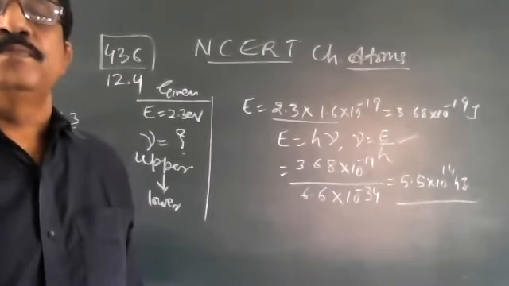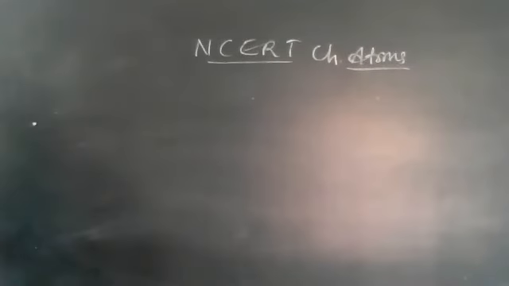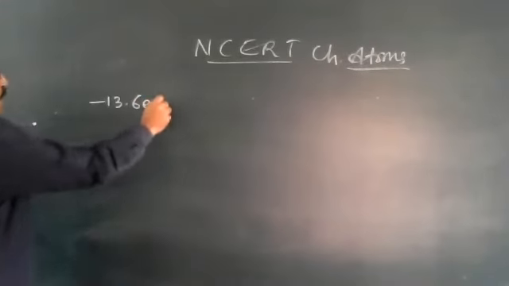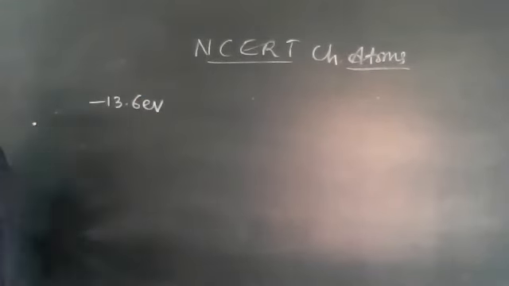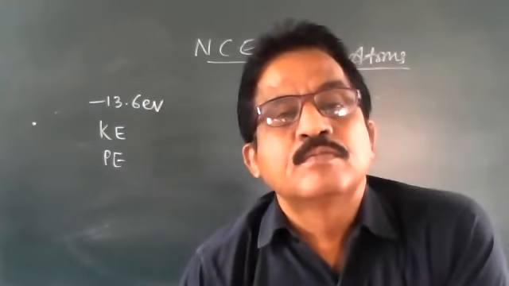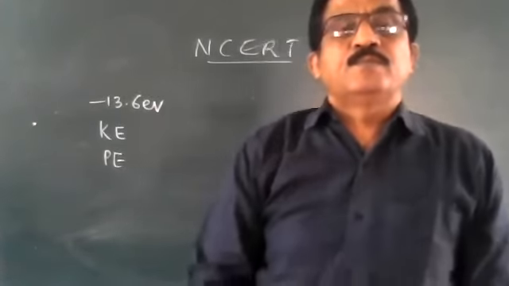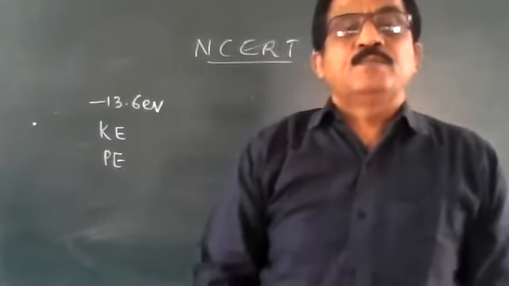The energy given to you, children, is the ground state energy of the hydrogen atom, that is minus 13.6 electron volt. What are the kinetic energy and potential energy? So children, I know the formula of potential energy and kinetic energy.